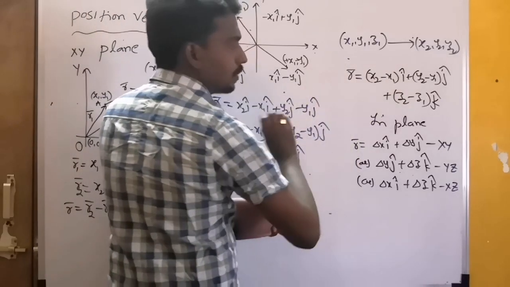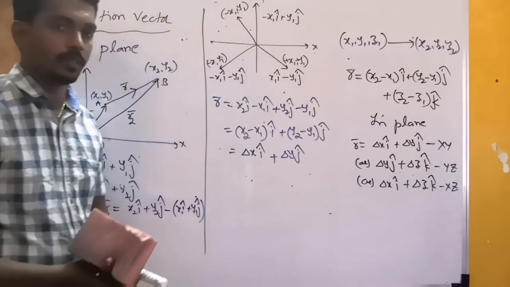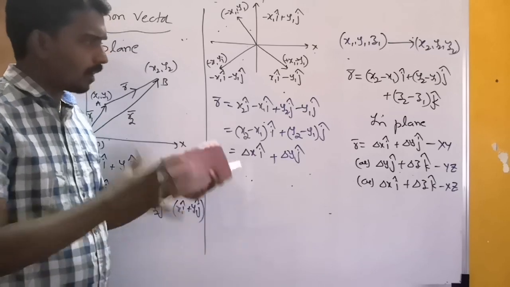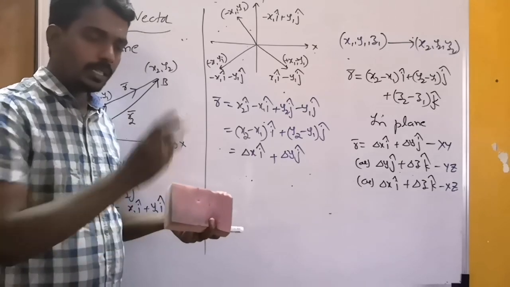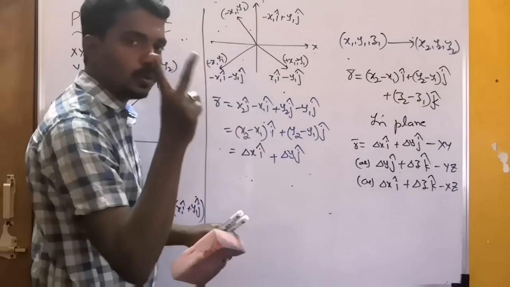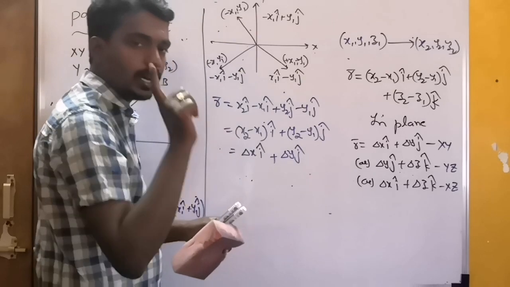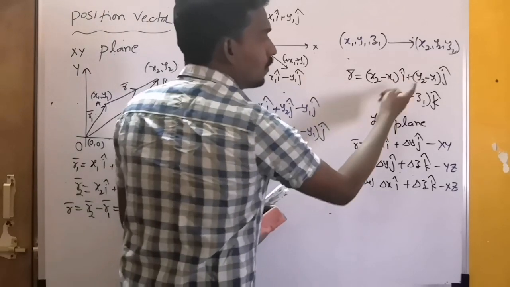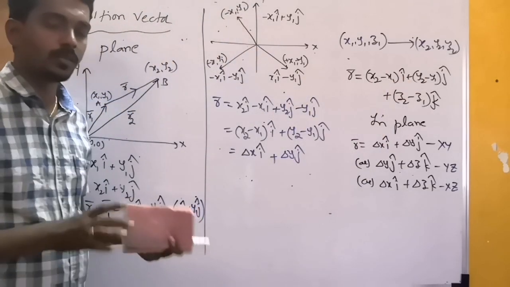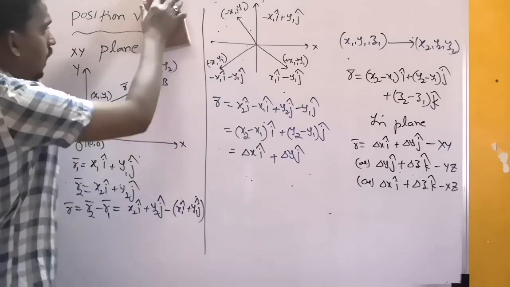And there is an x displacement, a y displacement, a z displacement. So our conclusion is 3-dimensional, so 3 will exist. 2-dimensional, any 2 will exist. 1-dimensional, any 1 will exist. So that's why vector can be, I will show you.